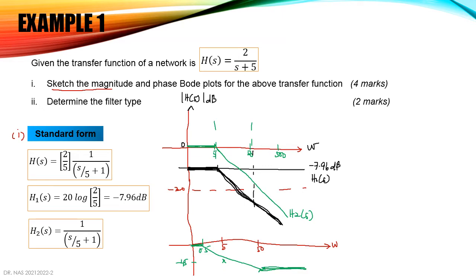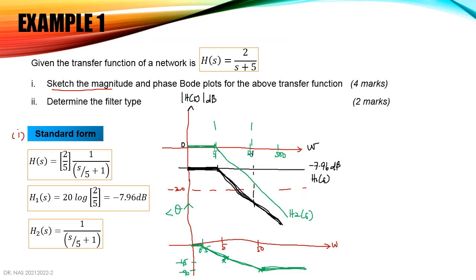Okay, it's negative 45 degree and negative 90 at the next decade. Okay, so this is your phase plot.